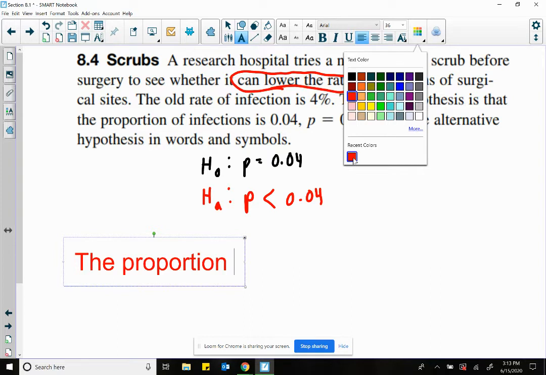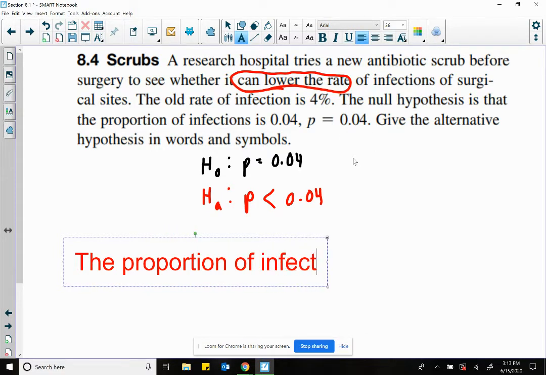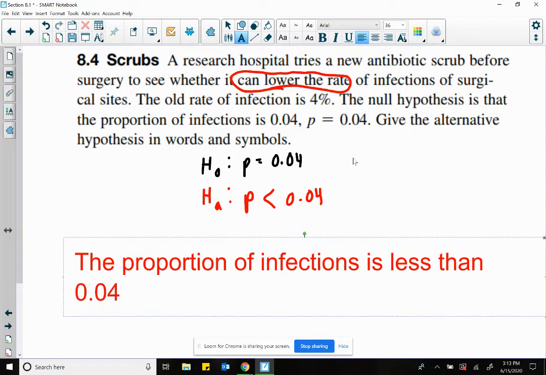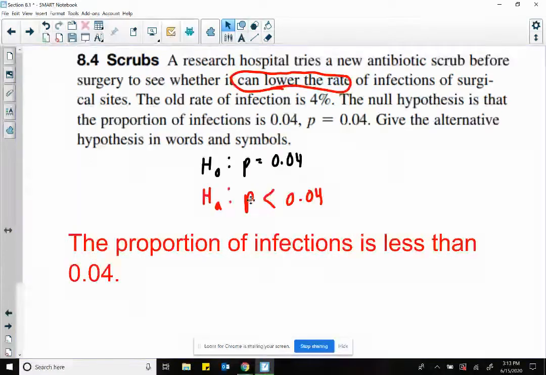The proportion of infections is less than 0.04. Because this P was about infections. Okay? So we're hoping that the infection rate goes down. Always important to make sure that you understand what the proportion is about. And in this case, it's infections. All right?